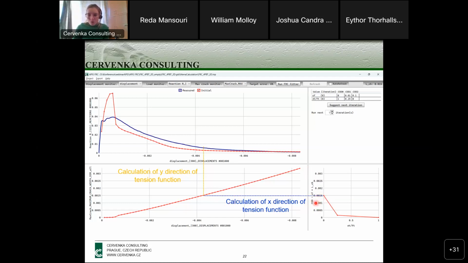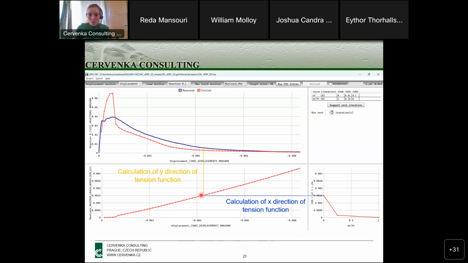When you know where you are on the stress strain diagram in the X direction, then you can calculate also the Y direction, which gives you the residual strength. And that is something that you are getting from these values at the same point. That's why you also see that there is a displacement axis that is corresponding to the displacement axis in here.